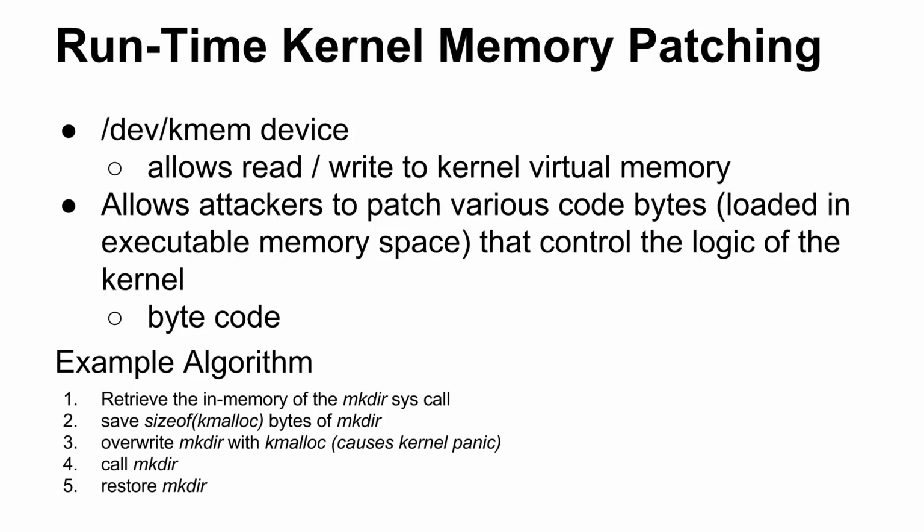Overwrite the first 50 bytes, or the size of your payload, in that system call's target space. This may cause us a kernel panic doing this, however. Then, the next time that function, mkdir, is called, it will run your malicious code.